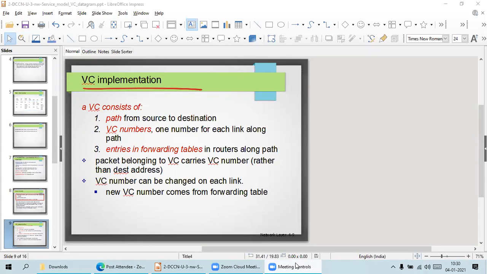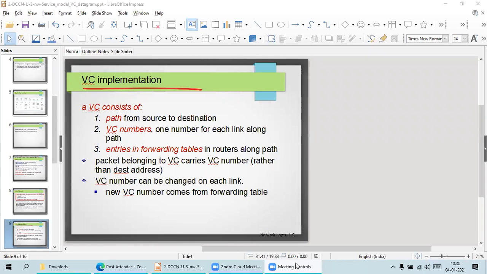Routers are nothing but your telephone exchanges in between. Every entry must be saved in the forwarding table. Next time, the same forwarding table and same link should be taken.